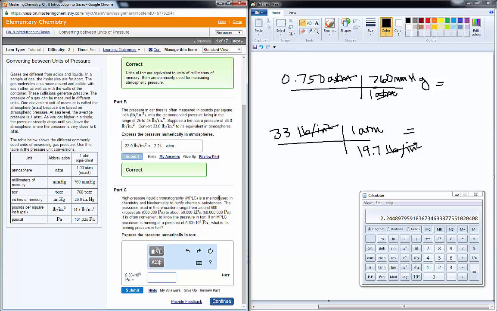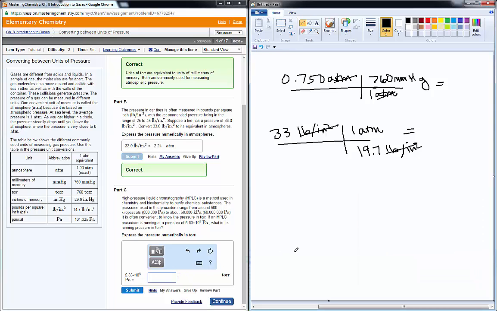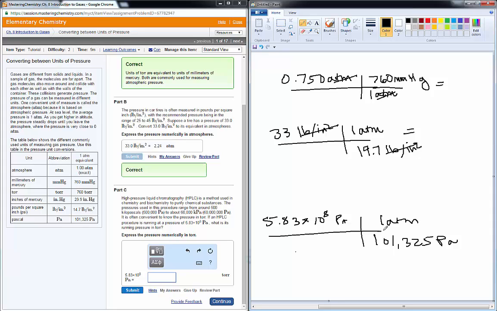Excellent. Next for part C, if they give us pascals, we can do that. We've got a conversion factor for pascals in our chart over here. 1 atmosphere is 101,325 pascals. Just plug this in. That gets us to atmospheres.